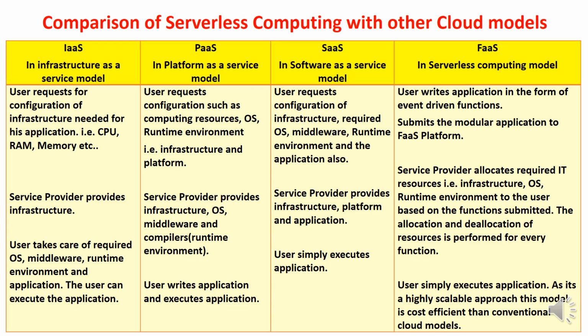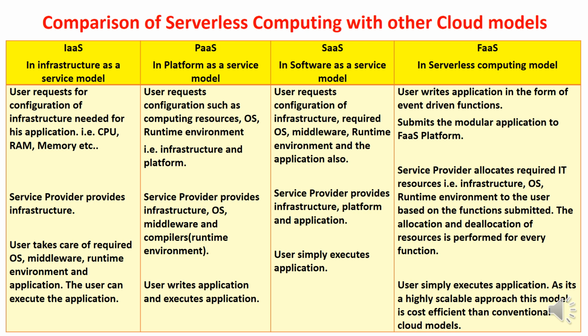Then, allocation of IT resources in software as a service. The user requests configuration of infrastructure, required operating system, middleware, runtime environment, and application also. The service provider provides infrastructure, platform, and application.